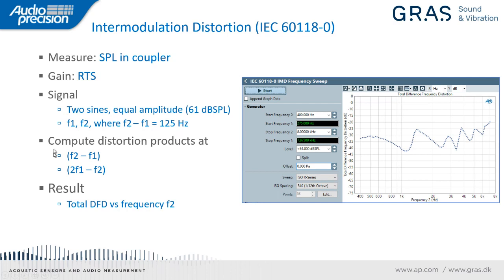This one only has two distortion products, F2 minus F1 and 2F1 minus F2, and we want to plot the total difference frequency distortion versus F2. Just like for the ANSI, we've added a separate measurement in sequence mode called IEC 60118-0 IMD frequency sweep. If you want to do these measurements, you simply add one or the other to your signal path, set it up, and it does the measurement and provides the result.